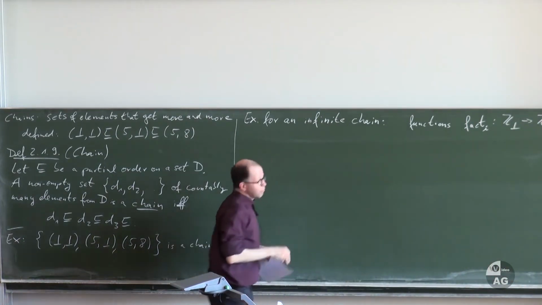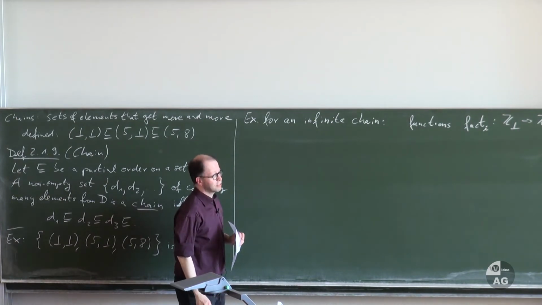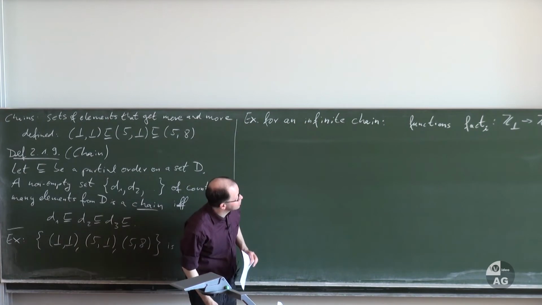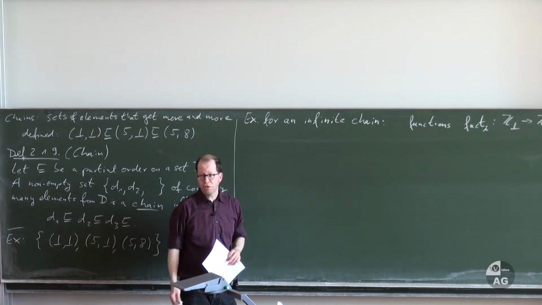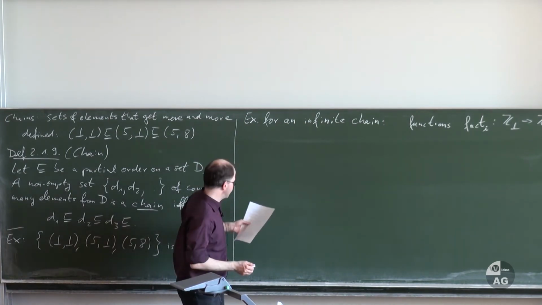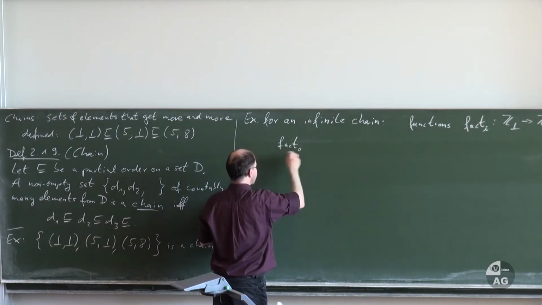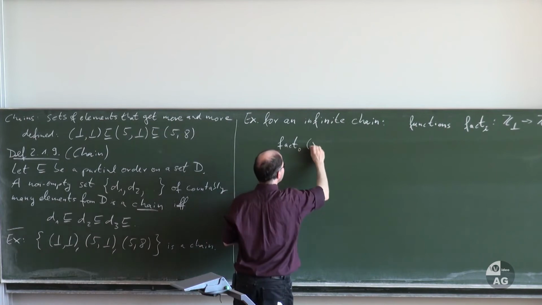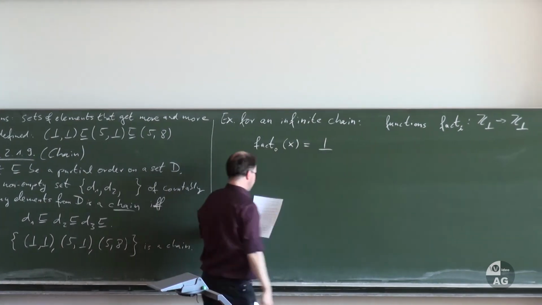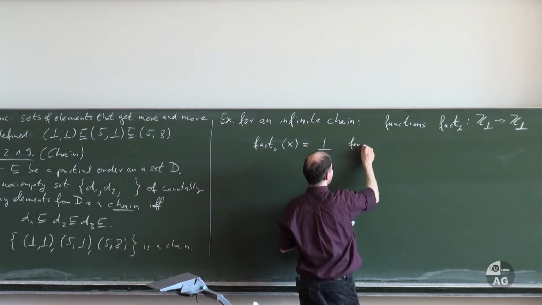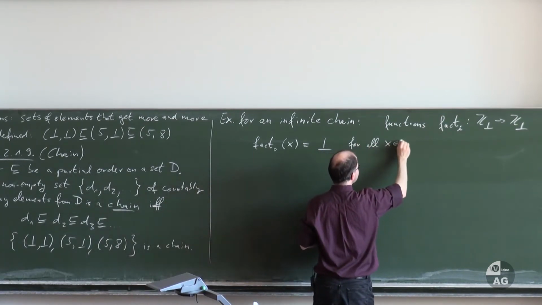And they do almost the same as the factorial function, but not quite. But one function after another, I get closer to the real factorial function. So in some sense, they are approximations to the factorial function. So fact 0, that's a very poor approximation to the factorial function because it always returns bottom for all arguments, for all x elements Z bottom.